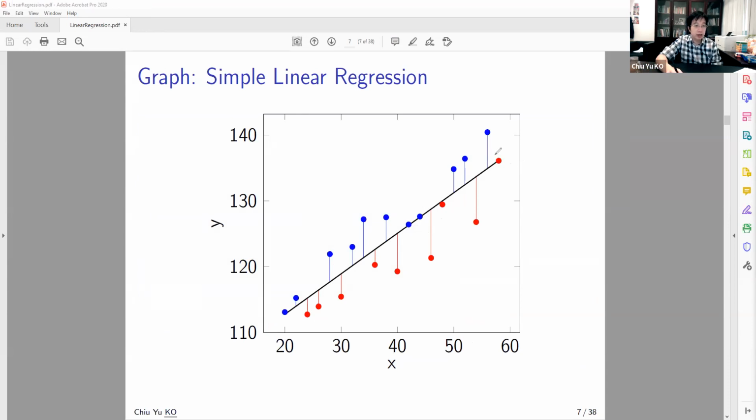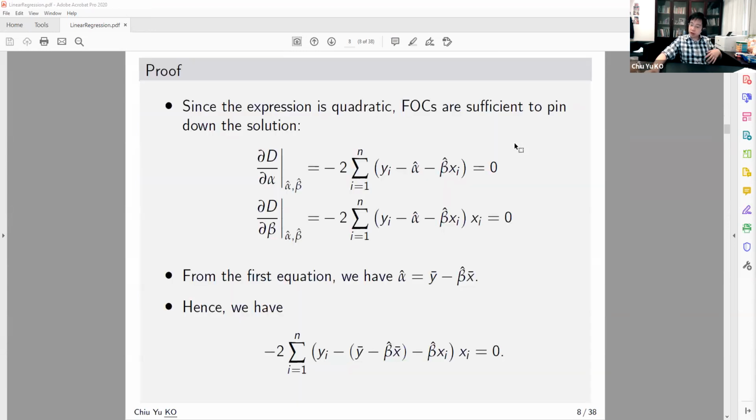So regardless of where it is, it will be done in the same way. Okay, we square it. So we just quickly go to the proof, because we are not focused on calculus, so it should be fine. Because the expression is quadratic, the FOC is sufficient to pin down the solution. I'm not going to explain why this is true, because it requires studying multivariate calculus.